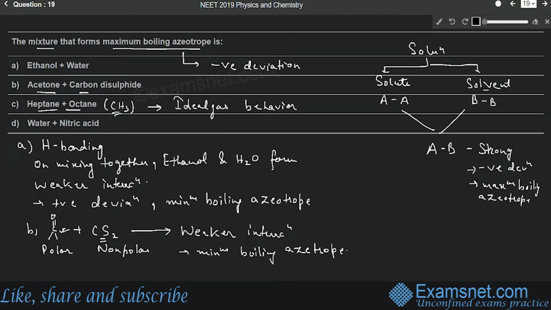Now the only left one is last one. So here we can see we have water and nitric acid. Okay. So this solution forms stronger interaction. So out of the given options, this is the only one which forms stronger interaction and shows negative deviation. Okay. Negative deviation. Therefore, it is maximum boiling azeotrope. So option D will be the correct answer.